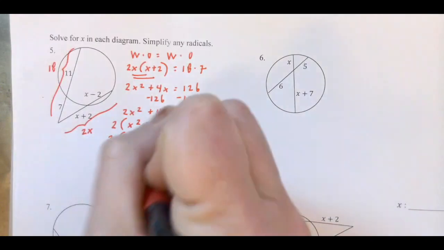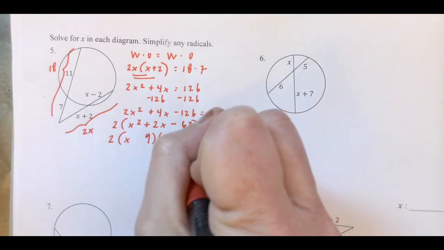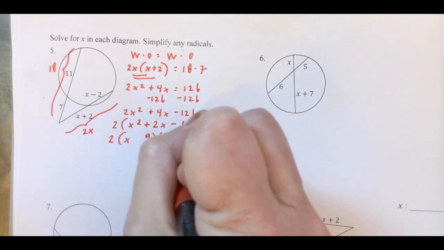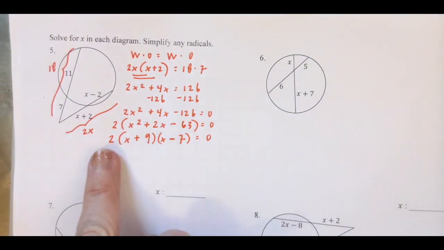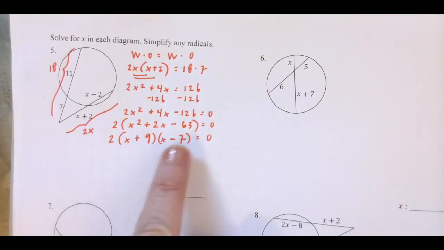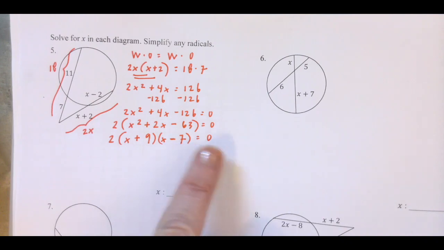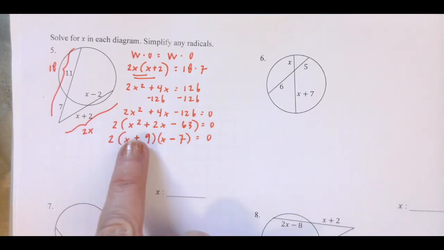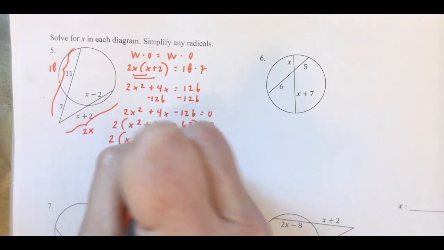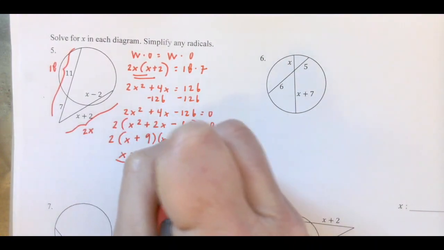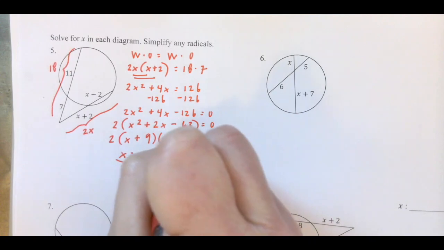Looks like it's going to be 9 and 7, right? Negative 7 and a positive 9. So here I have x plus 9 times x minus 7, all equal to 0. So set each factor equal to 0 and solve, and we get x equals negative 9, x equals positive 7.